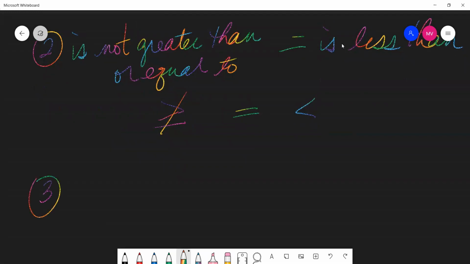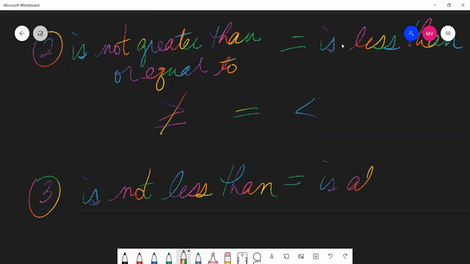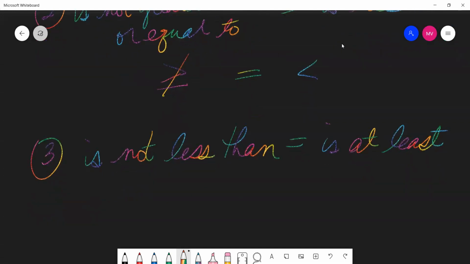All right, number 3, "is not less than," means the same thing as what? "Is at least." It means it can't be less than, so it must be more than, but that also means it is at least. L-E-A-S-T.